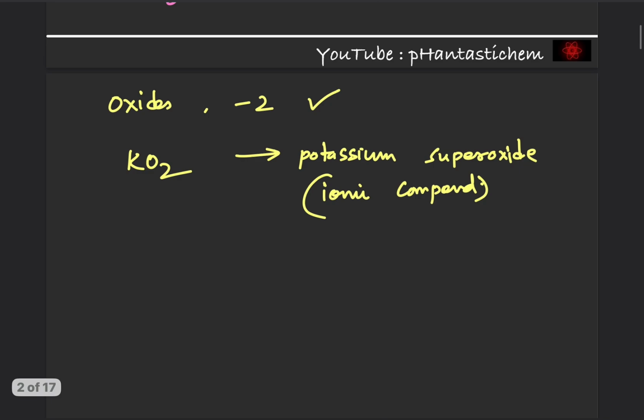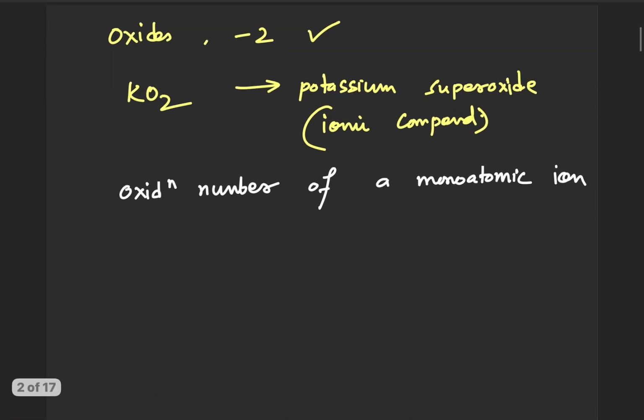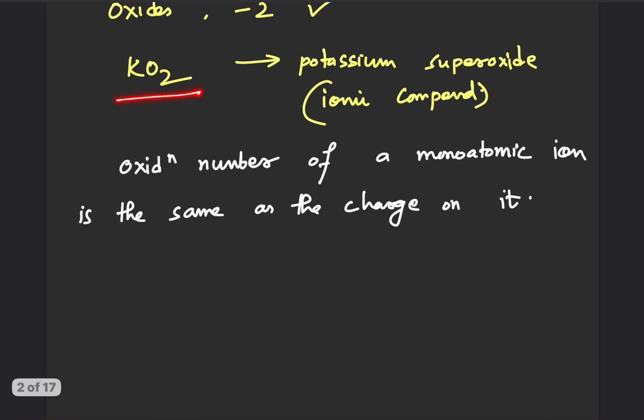So I will write this down. Oxidation number of a monoatomic ion is the same as the charge on it, right?